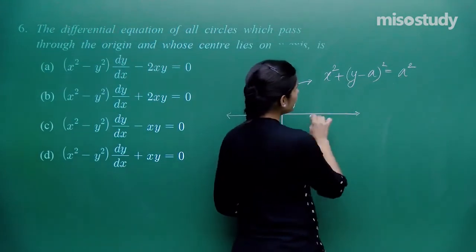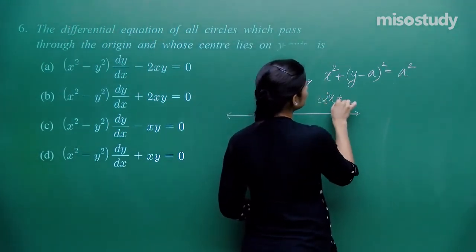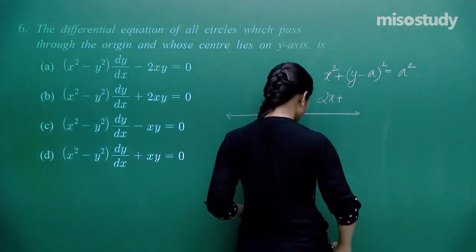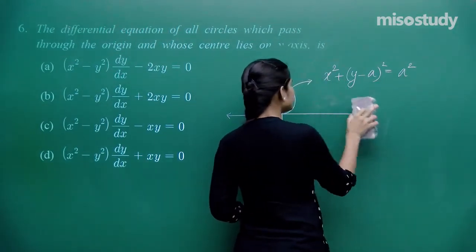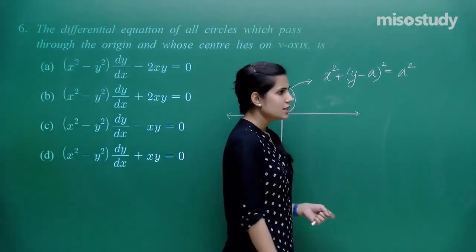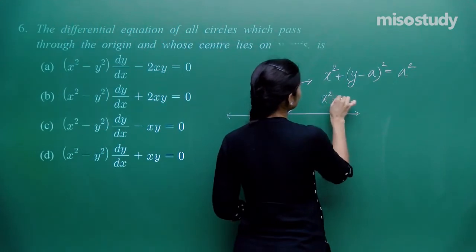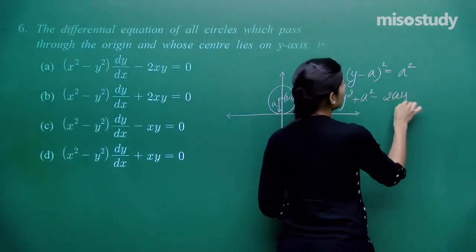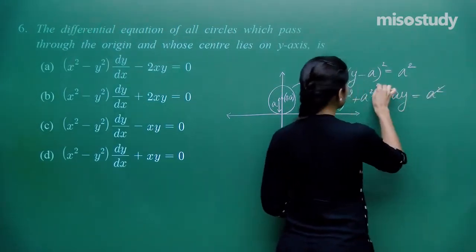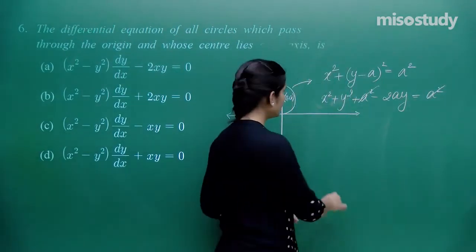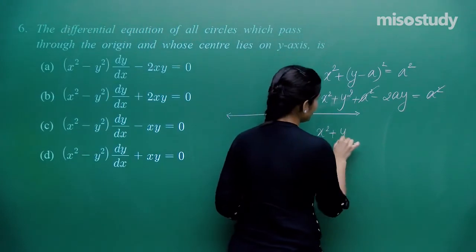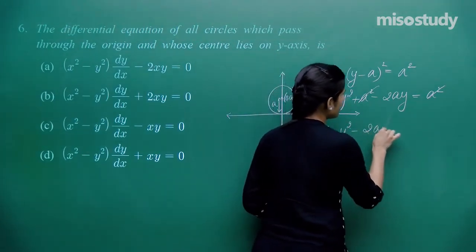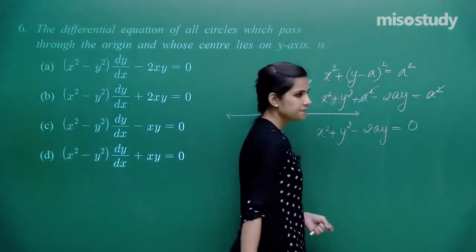Now once you have obtained this, differentiating both sides gives you 2x, or let me not differentiate it right now because this equation can be simplified further. So simplify it, you get x square plus y square plus a square minus 2ay equals a square. So you get x square plus y square minus 2ay equals 0.